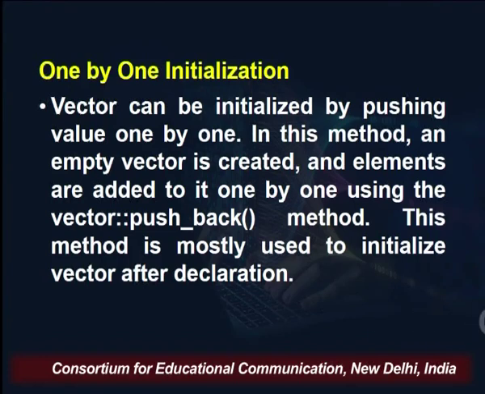So we are going to declare one particular vector, and then we will be pushing elements back. The push_back method is basically inserting the elements one at a time, and it is going to insert the element at the back, at the last of the vector.